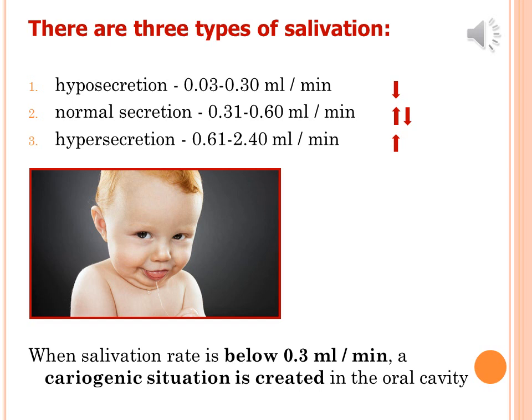And hypersecretion is more than 0.6. When salivation rate is below 0.3 milliliter per minute, a cariogenic situation is present in the oral cavity.